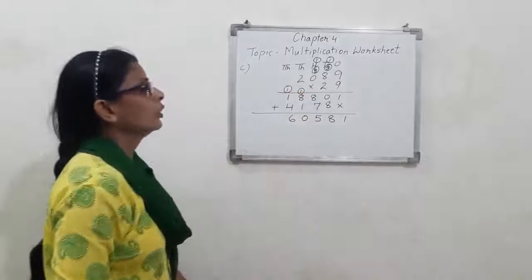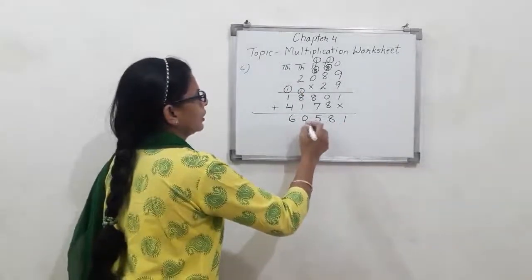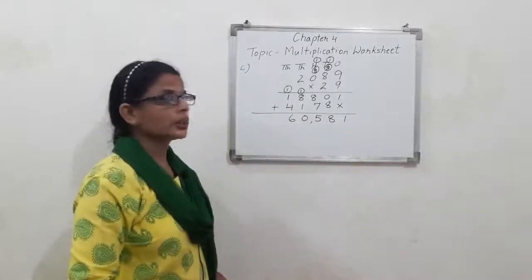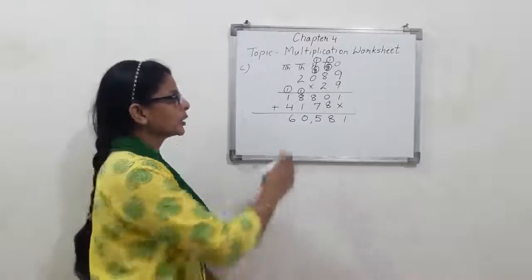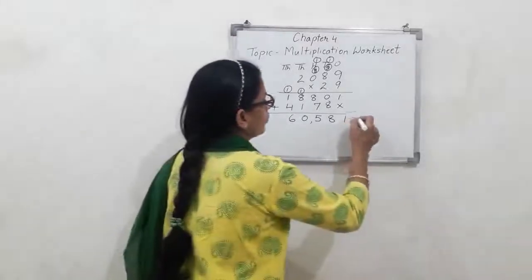So, put the commas according to the places. Ones, tens, 100, 1000, 10,000. So, when we multiply 2089 by 29, the product is 60,581. This is the product.